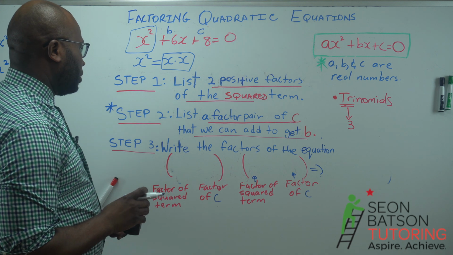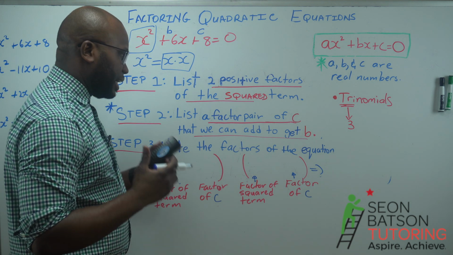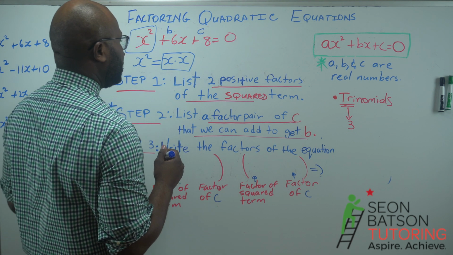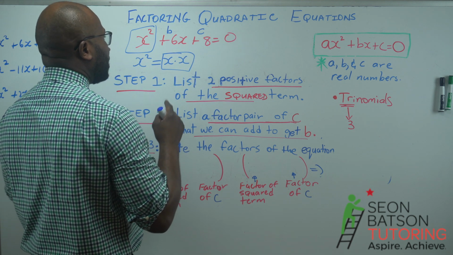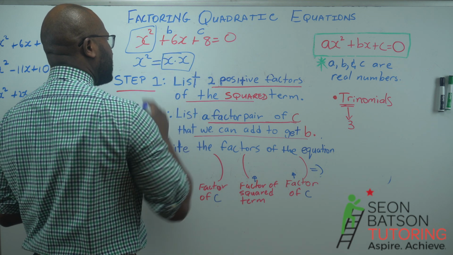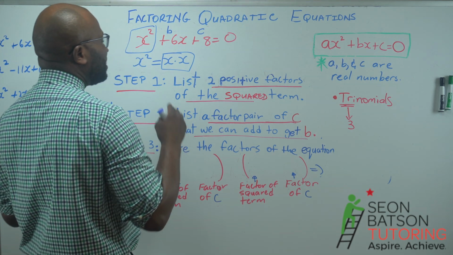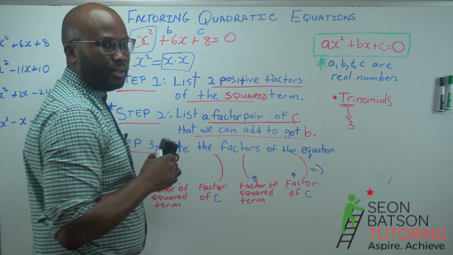Step 2. We have to list a factor pair of c that we can add to get b. In this example, we have to list a factor pair of positive 8 that we can add to get positive 6. Now, the easiest way to go about this is to first list factor pairs for positive 8.